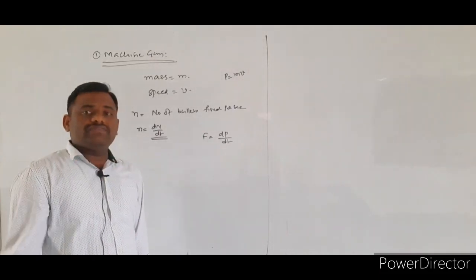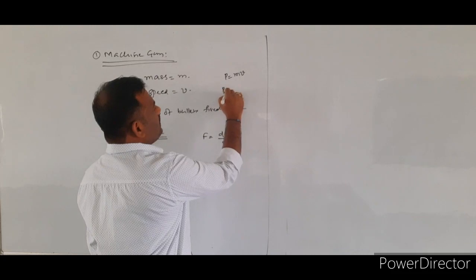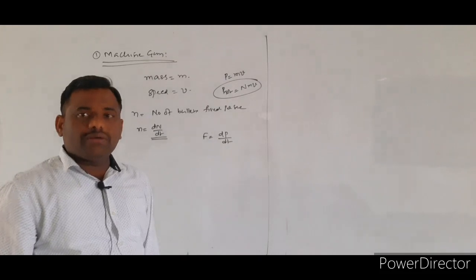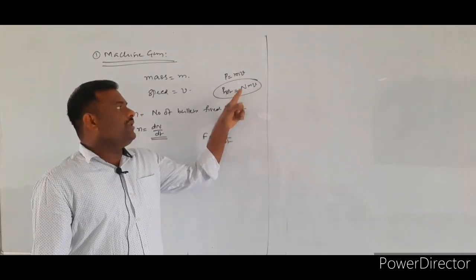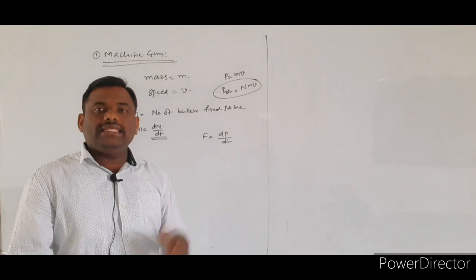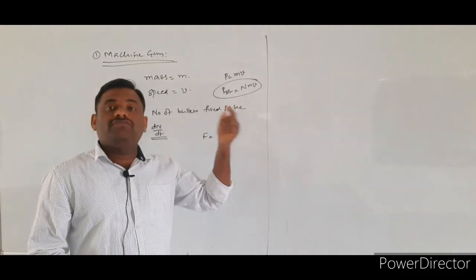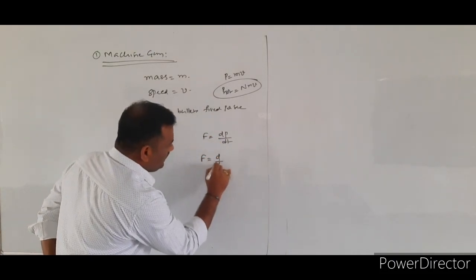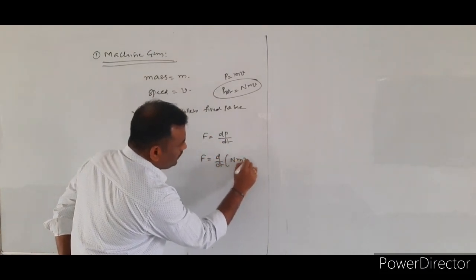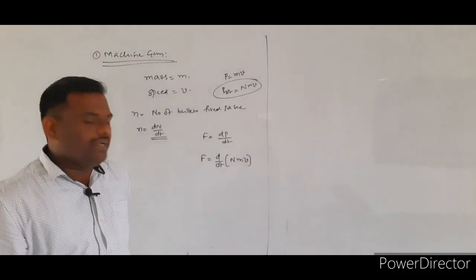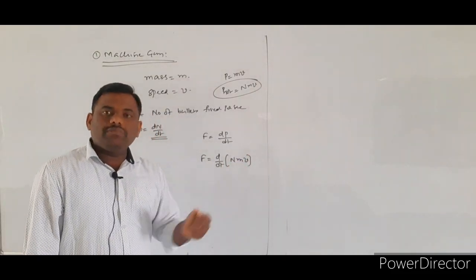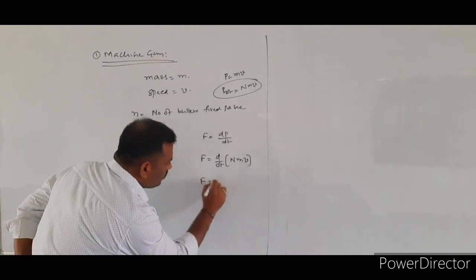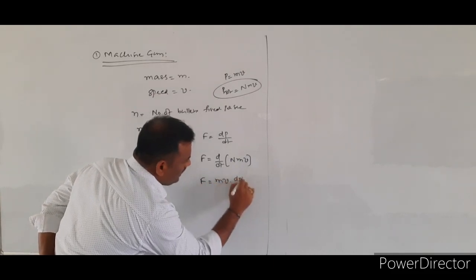If capital N number of bullets are fired, the total momentum is N into m into v, where capital N is the total number of bullets fired. So according to Newton's second law, we write d by dt of N into m into v. Here the mass of the bullet is constant and the speed of the bullet is also constant, so that F is equal to mv into dN by dt.